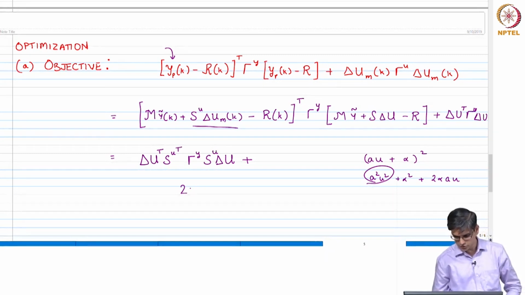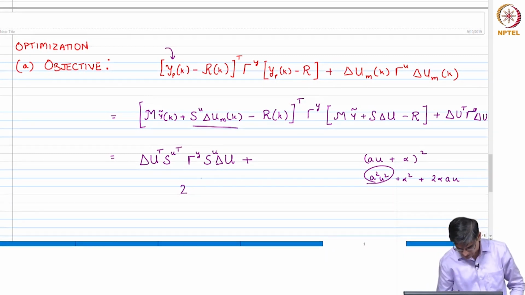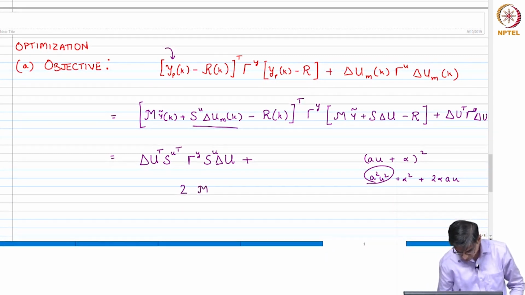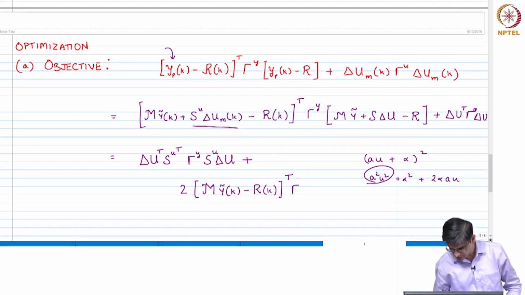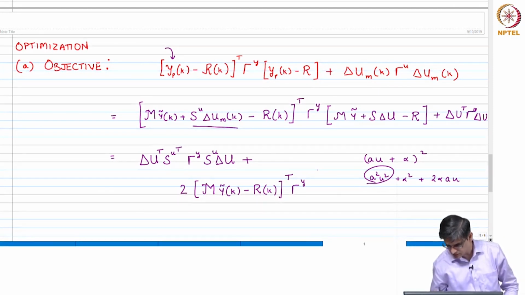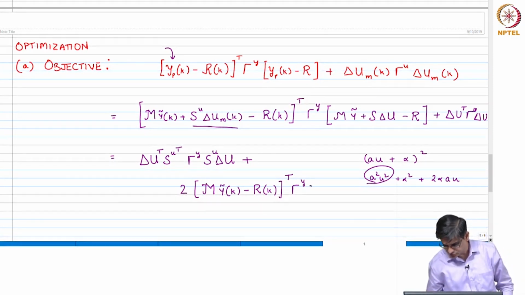So, you are going to get 2 multiplied by gamma y, and then you have S delta u.